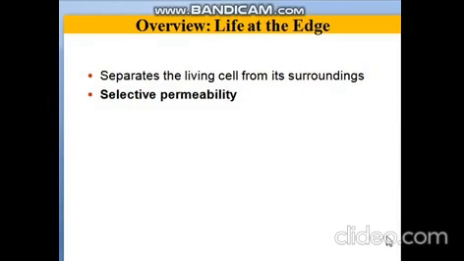Why is the cell membrane selectively permeable? We have already discussed that if the cell allows everything to go inside, then there will be a mess within the cell. And if the cell is unable to contain the organelles and restrict the movement of the cell constituents, then what will happen?